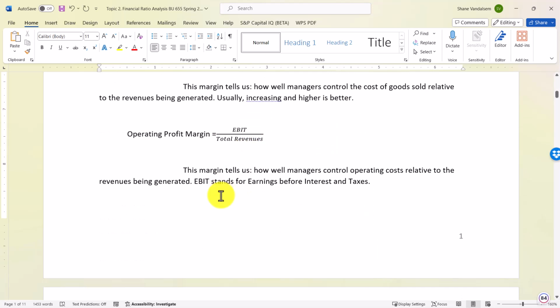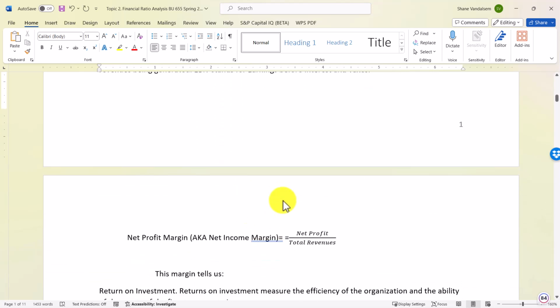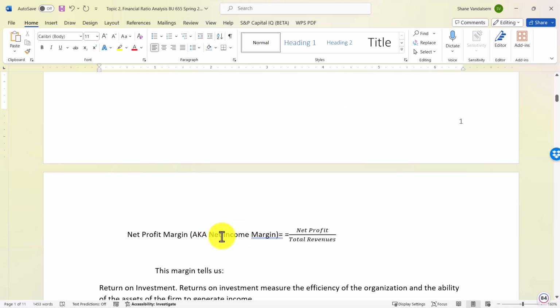Finally, the net profit margin, aka the net income margin, because we might see that last item on the income statement being either net profit or net income. And this tells us how well managers control all of the expenses of the firm relative to the revenues that they're bringing in.